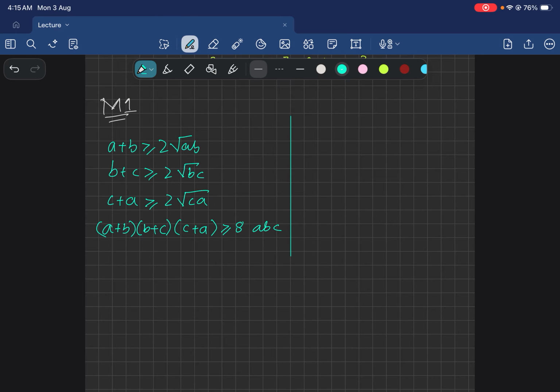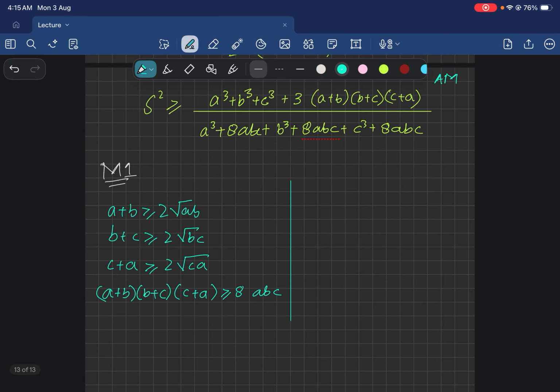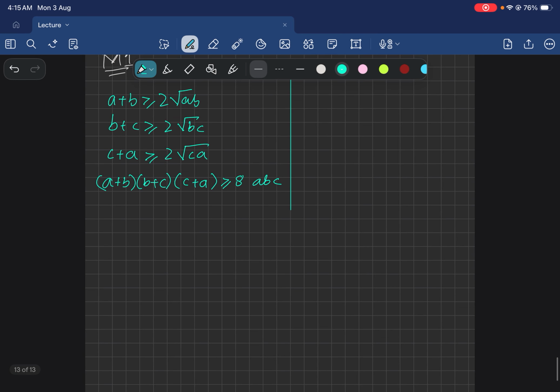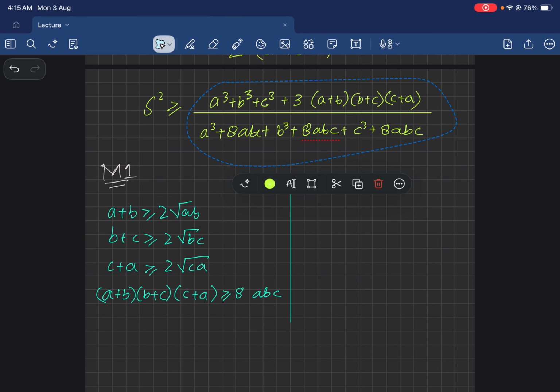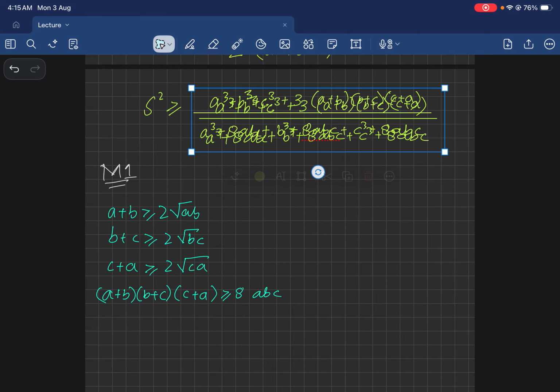You should also note this down, because pattern recognition is key in IMO problems. Most of these problems require you to recognize patterns and triggers, and then try those things. So I tried this AM-GM, and wow, this whole thing is greater than 8abc. So if I bring it down here, just for a second, let me remove this.